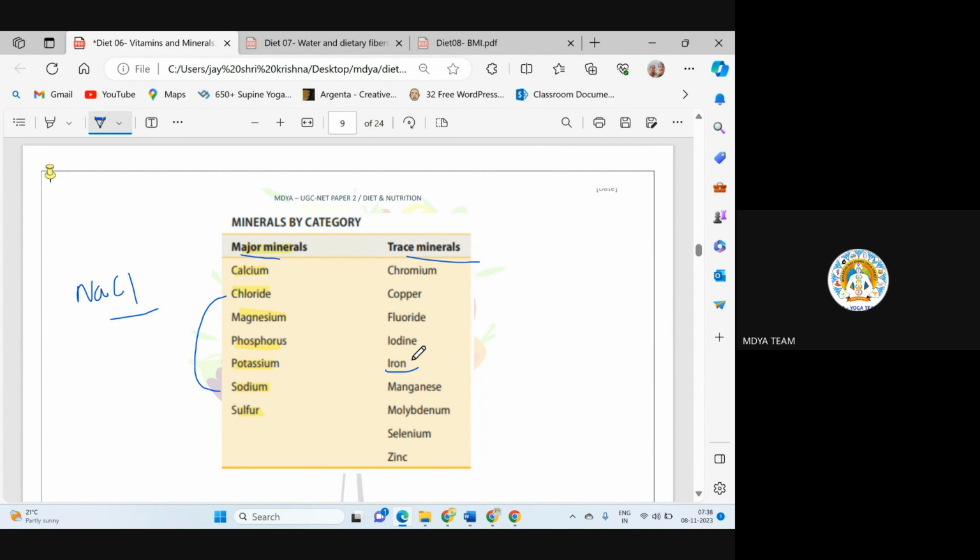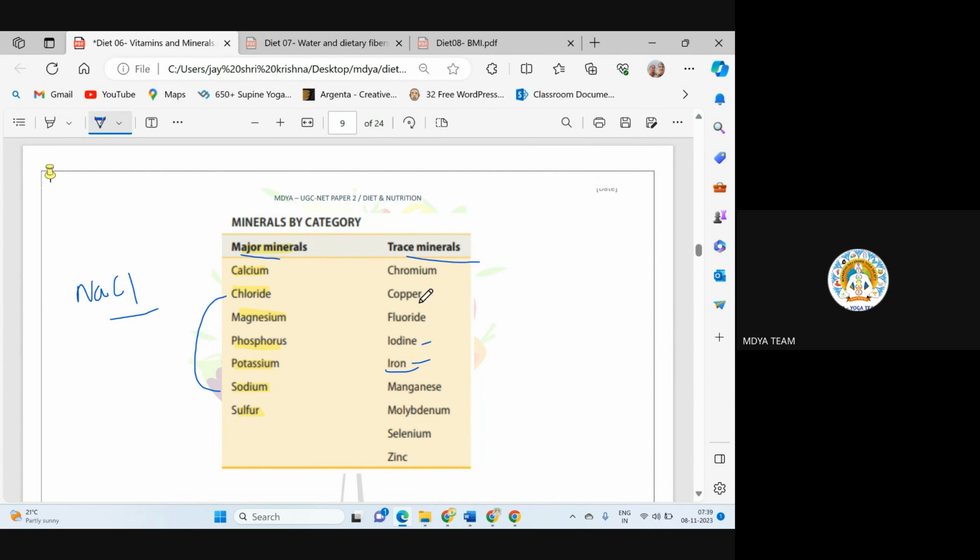Iron supplements are taken by many people, especially when they are pregnant, because they also have to complete the iron need of the growing fetus. But irrespective of that, iron is a trace mineral. Many people get confused in this. Iron can seem like a major mineral, but it is not like that. Iron is a trace mineral.